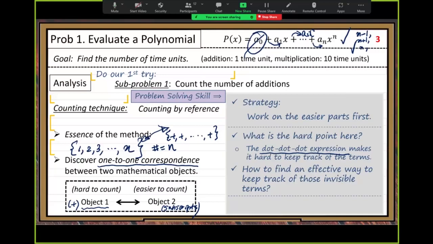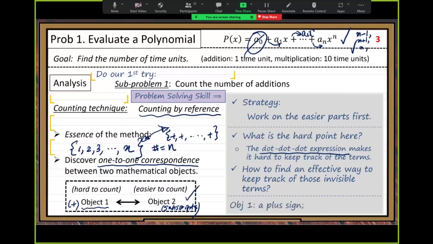Then we can say they should have exactly the same number of elements. They are both finite sets, same number. That's what I call counting by reference, because you find a good reference. Object 2 is a good reference.